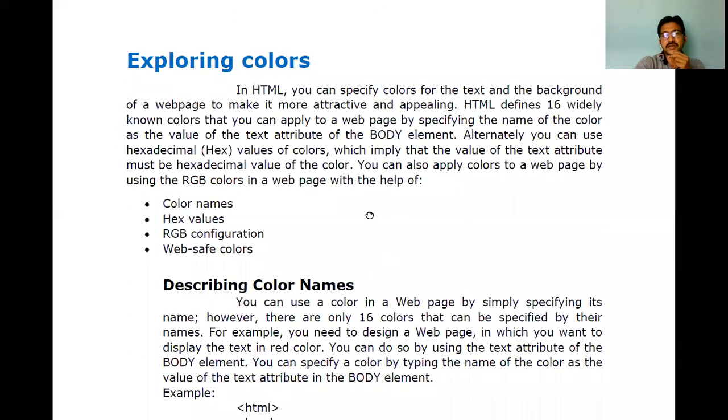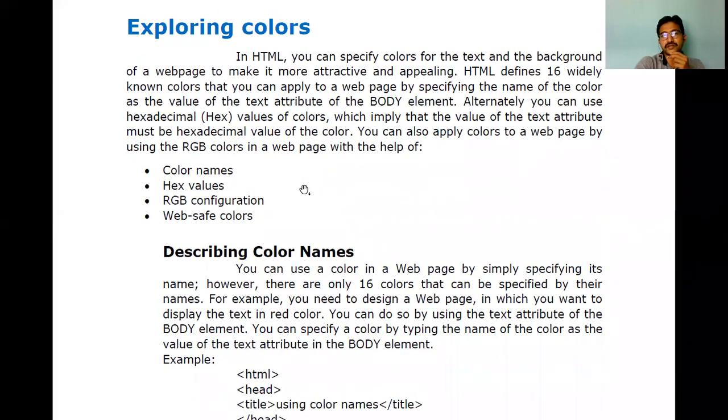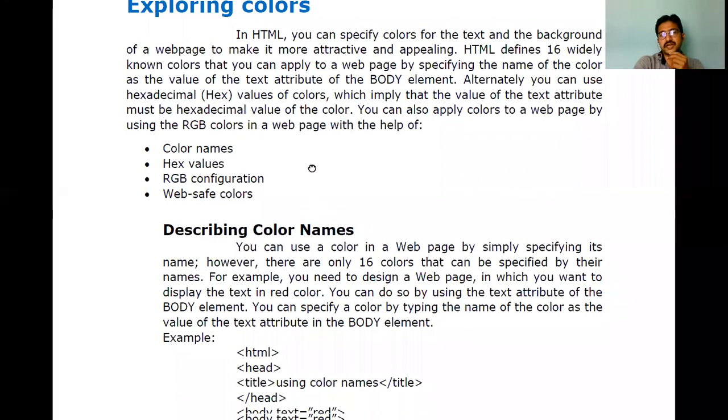And when you come to colors, we are already aware that RGB colors are there when you want to mention them. With the help of color names we can also specify, like red, green, blue, cyan, or hexadecimal values like hash 000000, a 6-digit number, or hash ff and so on.